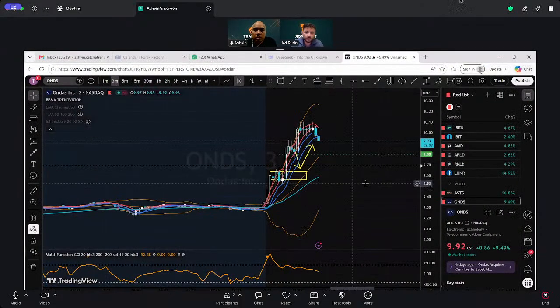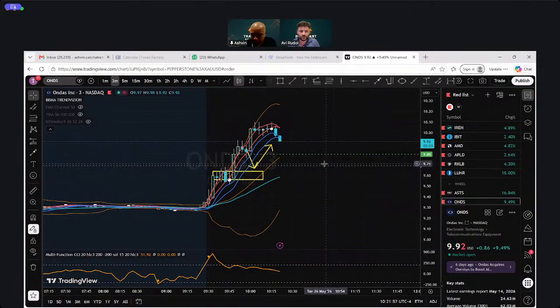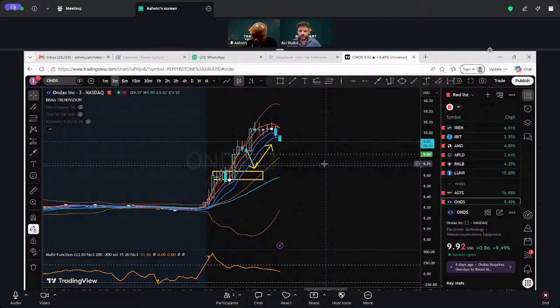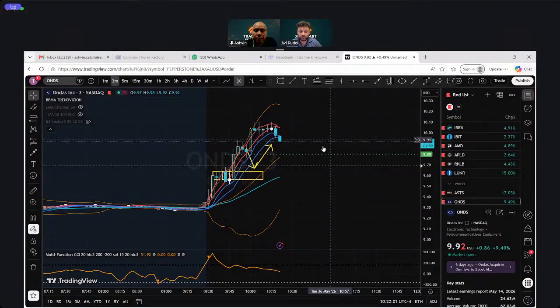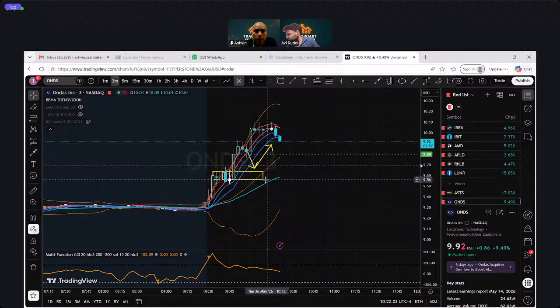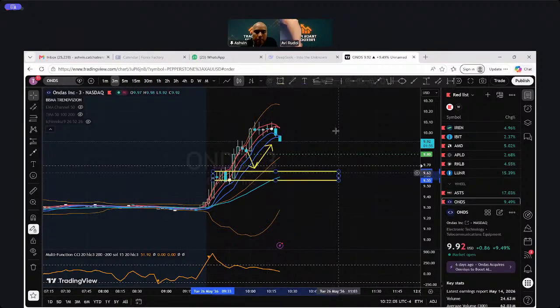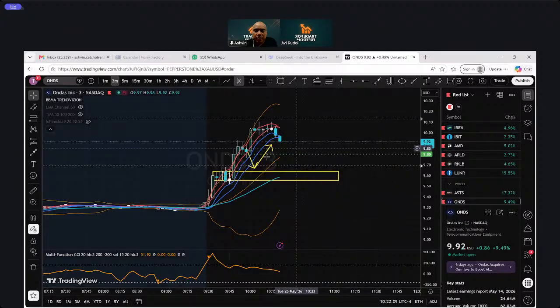Let me check on this. This is pushing down a bit. I need this to go back higher a bit. Just bring that down.